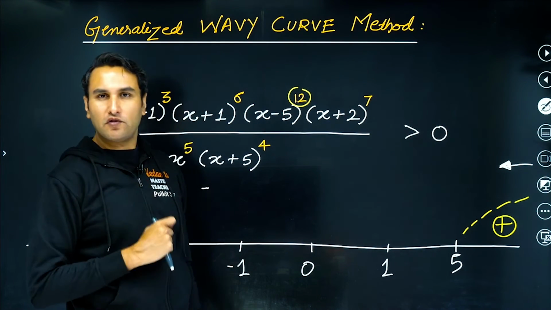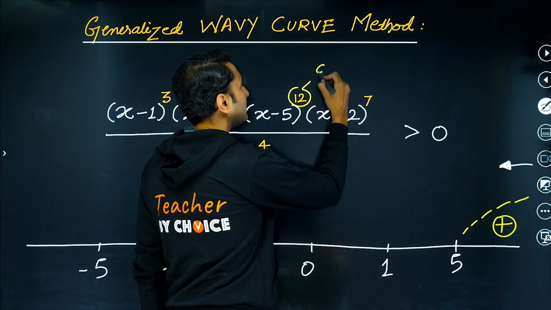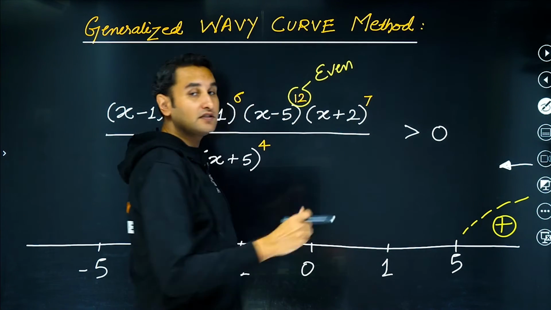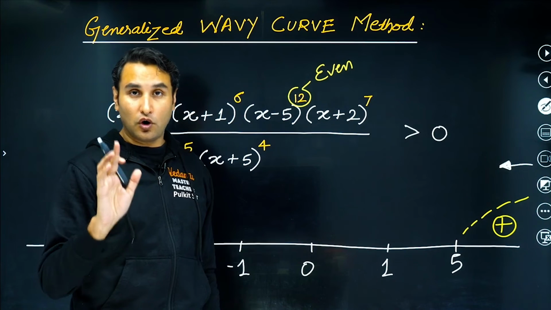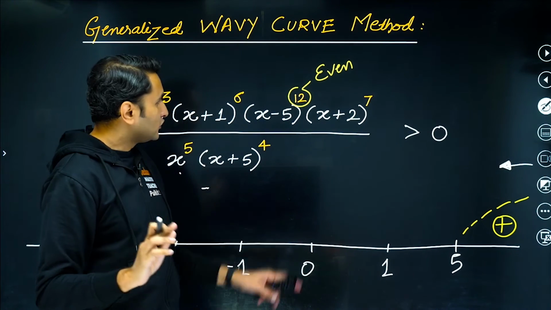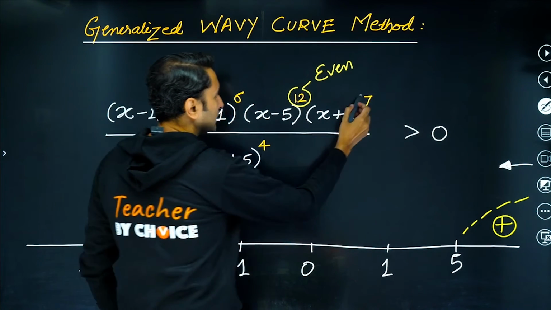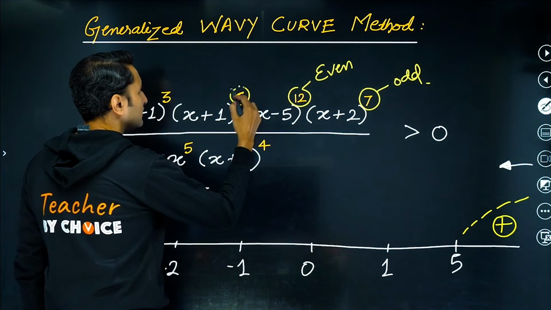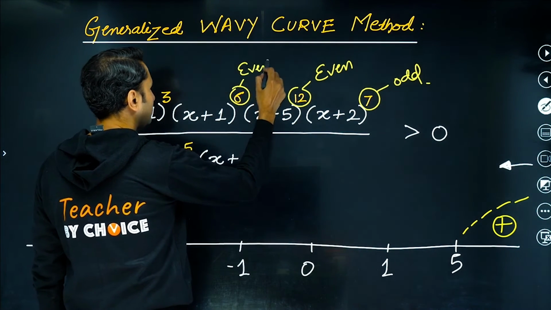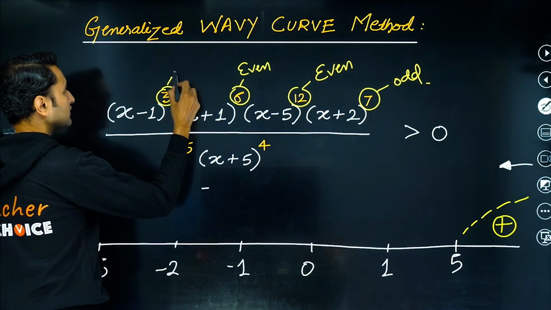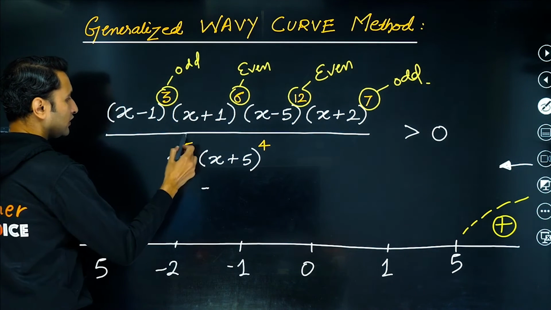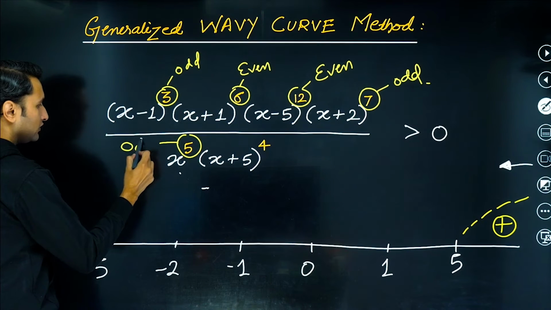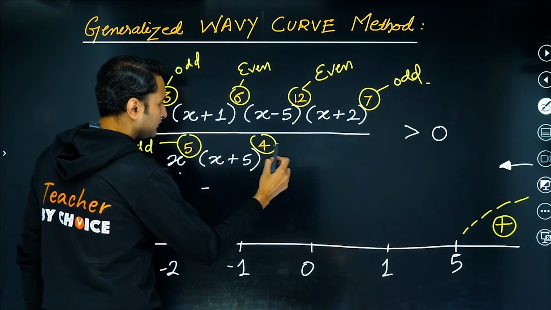Oh, the power was even. Always read all these powers only as even or odd. Alright, so the power is even, the power is odd, the power is even. I'll explain once again, but just keep this in mind.